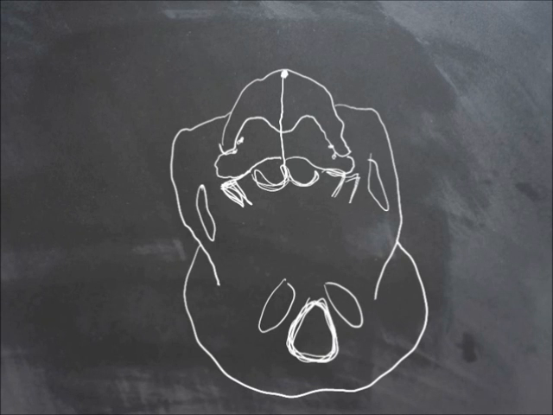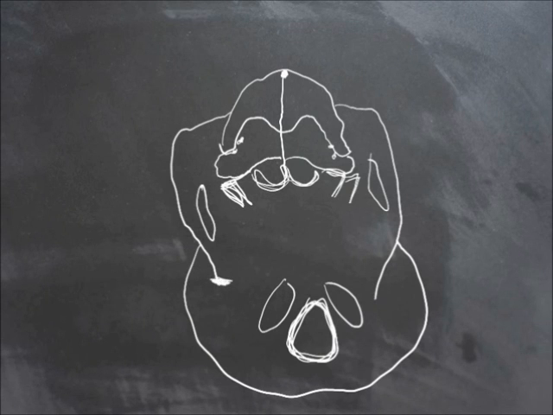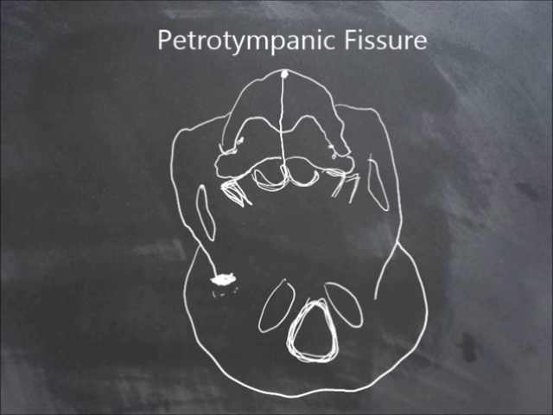We've got the articular fossa of the mandible. Then behind that is a fissure called the petrotympanic fissure.